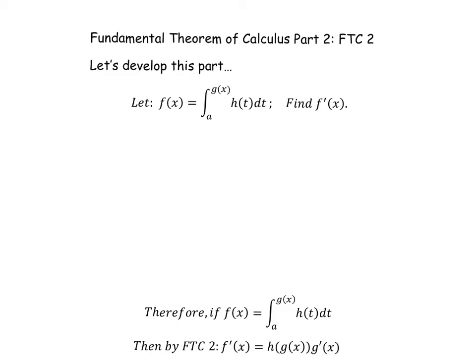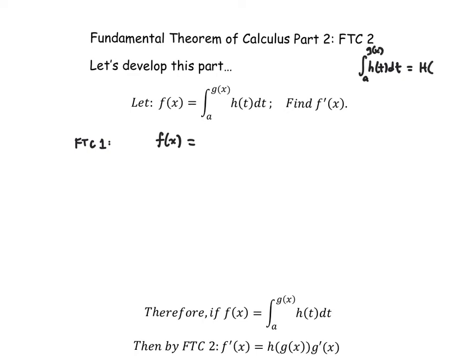First, I'm going to integrate using the first part of the fundamental theorem, FTC part 1. So what would be the integral of h of t dt according to the first part? Well, it would be big H. Let's assume that we've got limits, like we do.